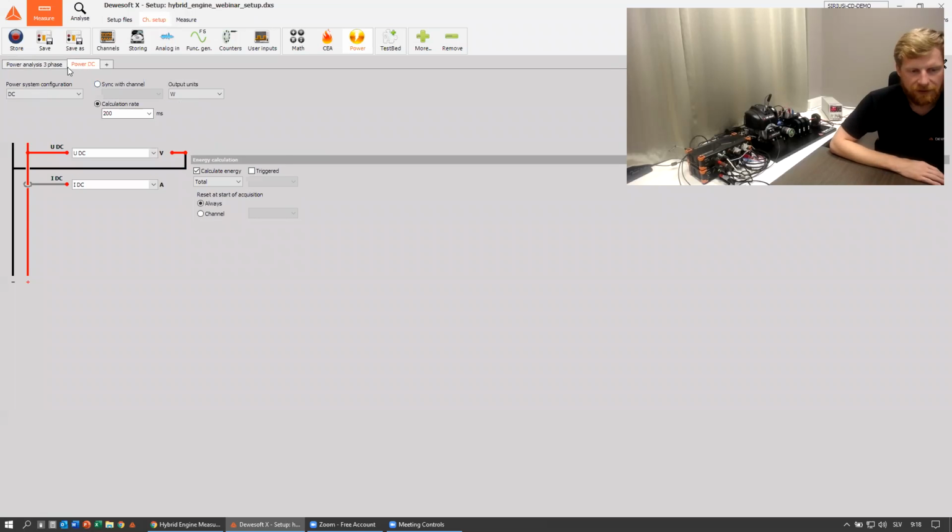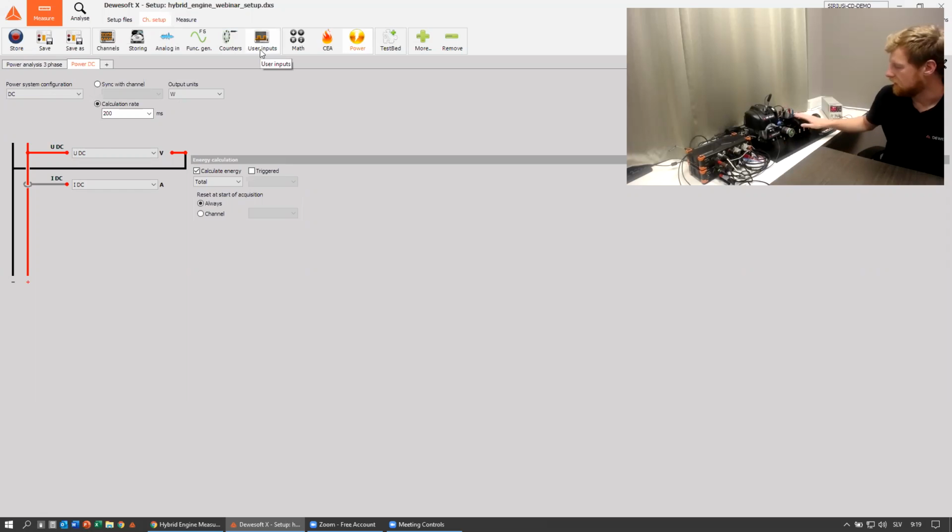okay. We have added another module for measuring only DC power. So in this case, we select only DC voltage and DC current. We can select the outputs of the units, and we can calculate the energy. So it's also a really simple setup to do analysis of the battery.